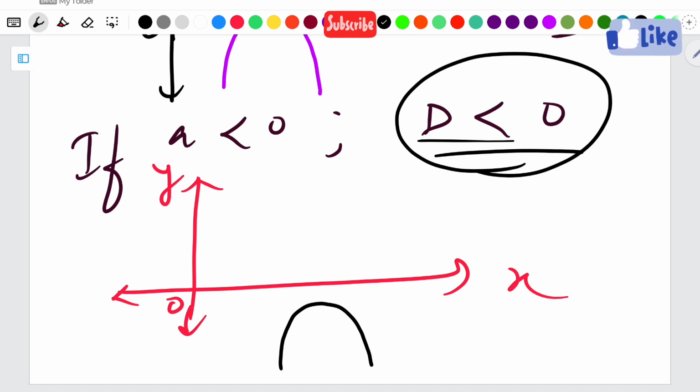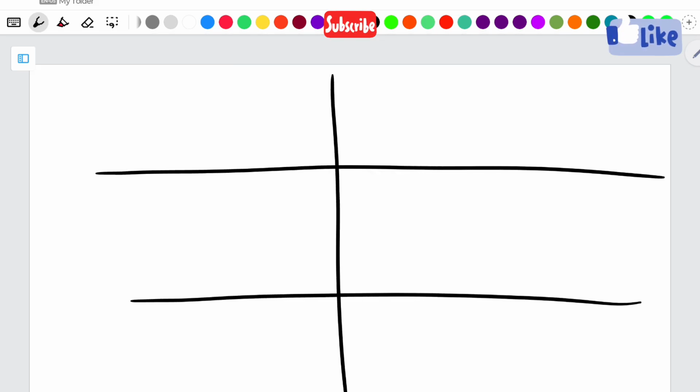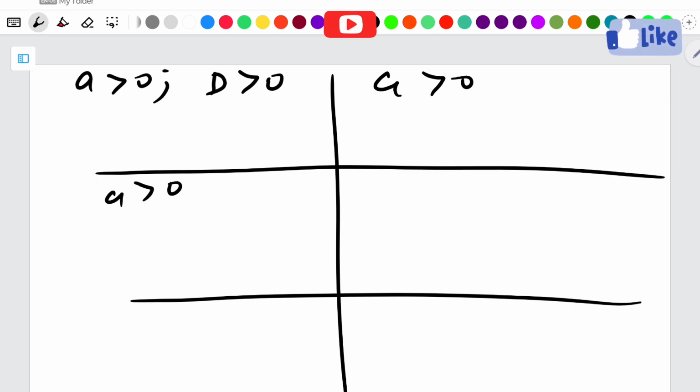So students, what we are concluding from all this discussion is that there will be 6 possibilities of the curve. What are the 6 possibilities? a is positive with d positive, d equal to 0, d less than 0.